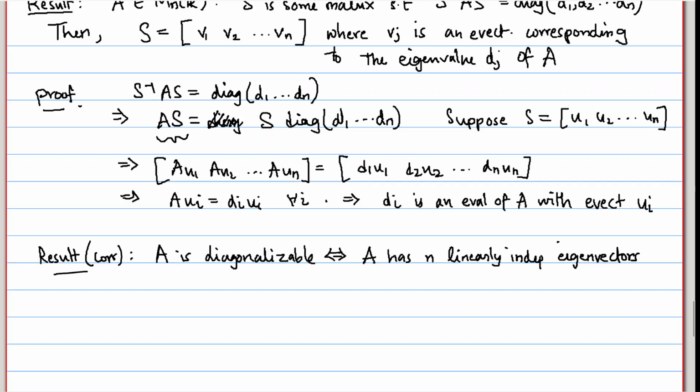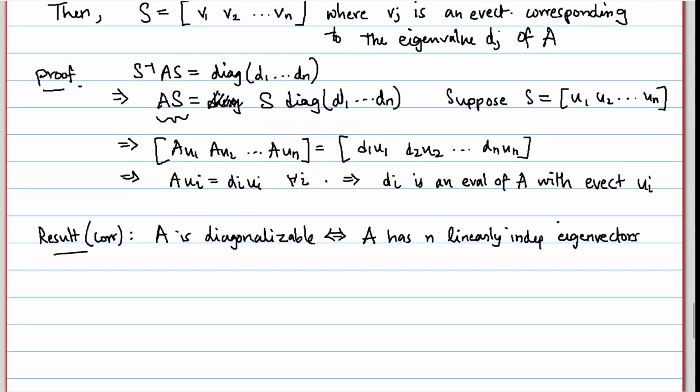So this is an equivalent condition for diagonalizability. This is obvious, because if A is diagonalizable, then the diagonal entries of the diagonal matrix to which A is similar are precisely the eigenvalues with corresponding eigenvectors.